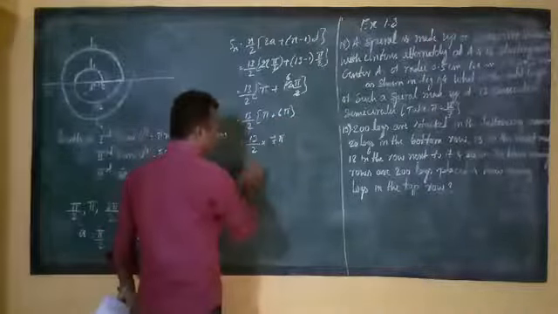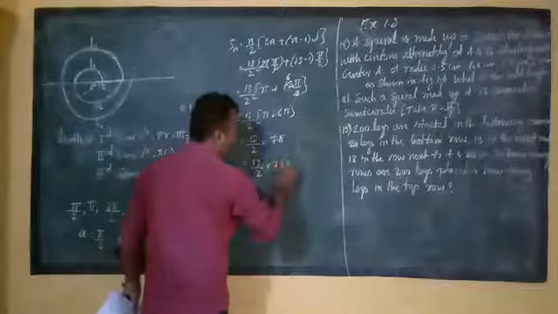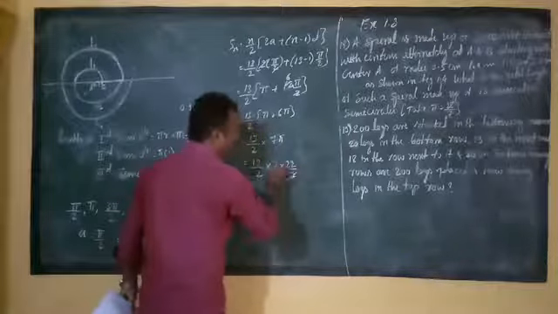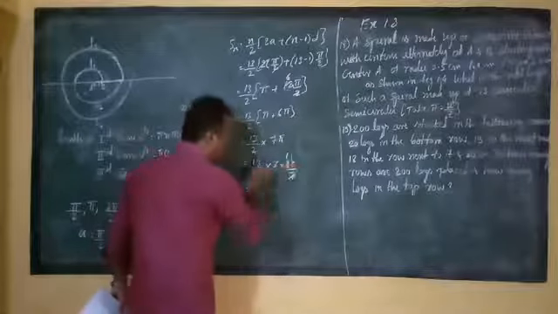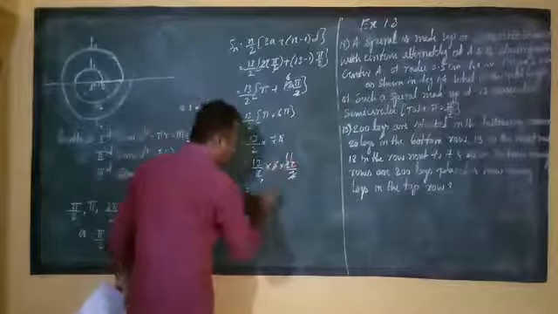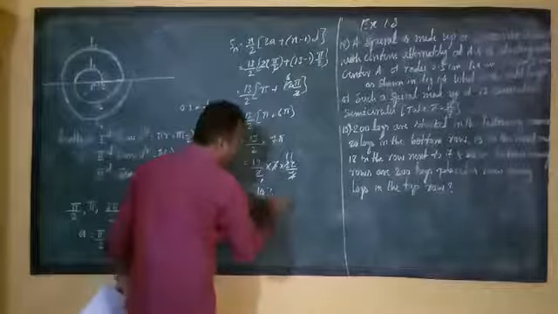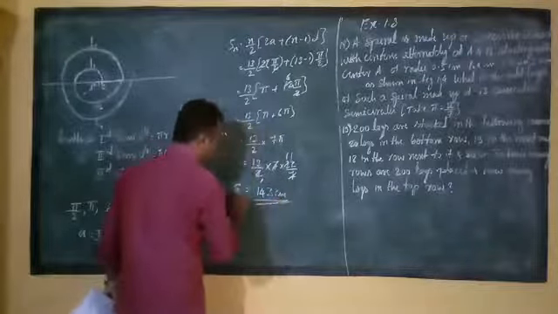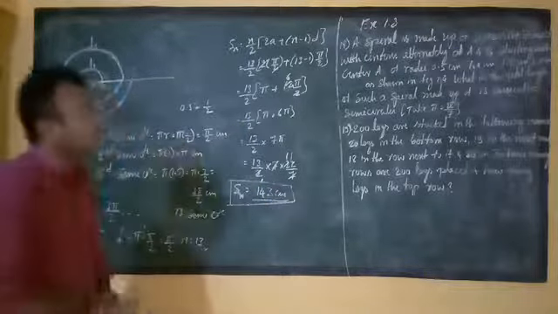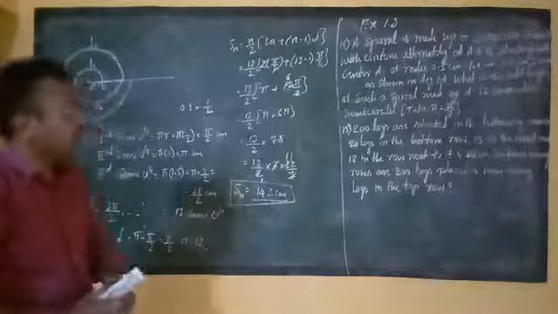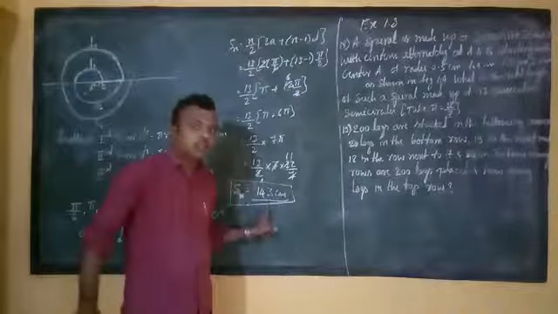Now you have to substitute 22 by 7. The 7s get cancelled. 2 1s are 2. 13 into 11, 11 3s are 33, 3 carry 1, 11 plus 3 is 14. 143 centimeter. So therefore the total length of the spiral made up of 13 consecutive semicircles is 143 centimeter.